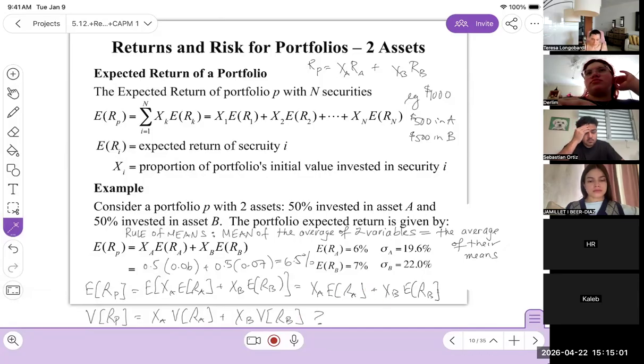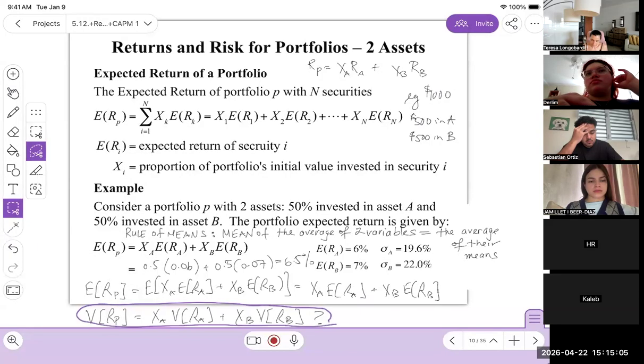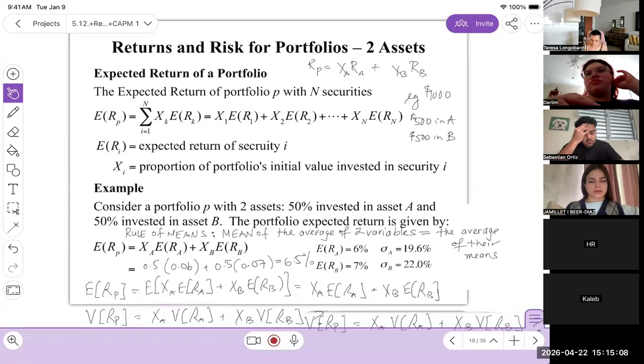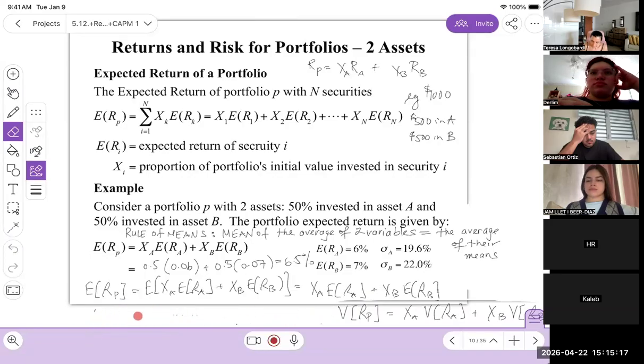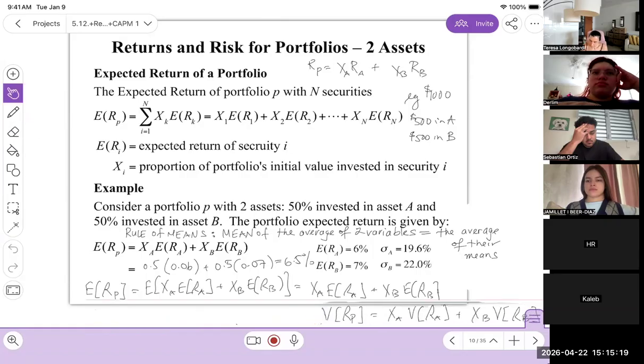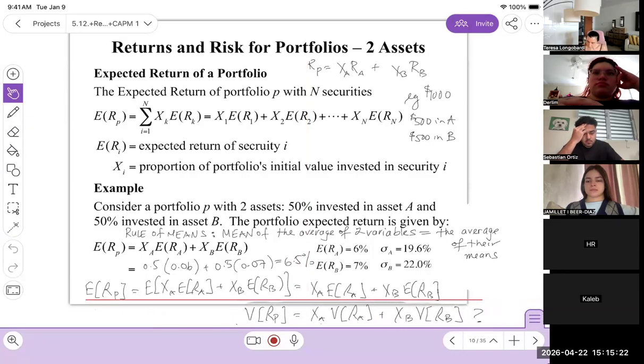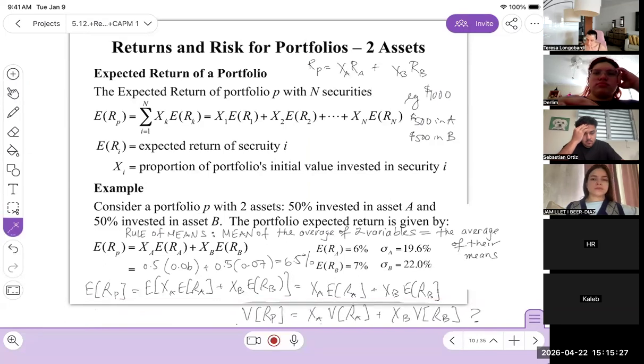So over here, let me move it over. So is it just that easy? Do I just do that? And if I don't, why? What's the difference?